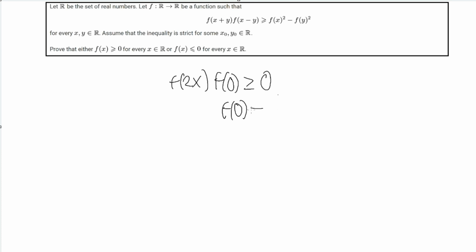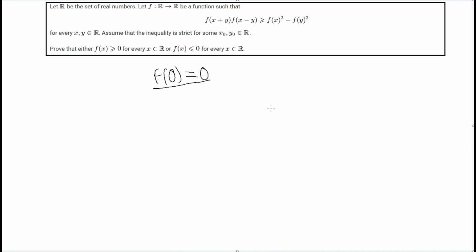But in the case where it's equal to 0, then we cannot divide by 0. So in the case when f of 0 is not equal to 0, then we just divide both sides by f of 0, and we get that f of 2x is greater than or equal to or less than or equal to 0, depending on the sign of f of 0, and we'd be done. But if f of 0 equals 0, then we divide by 0, which is not allowed. So we just need to solve the problem for this case.